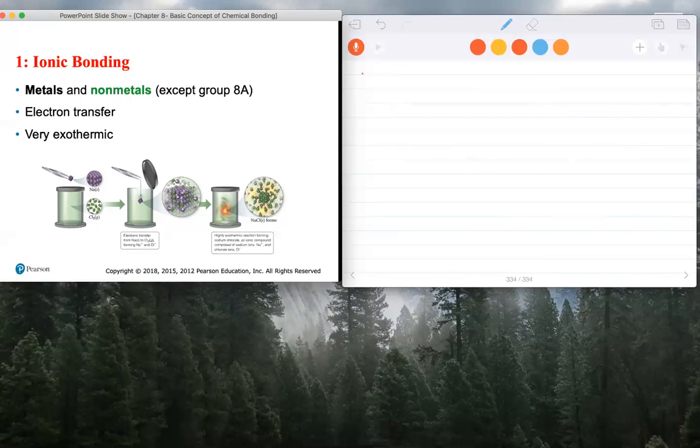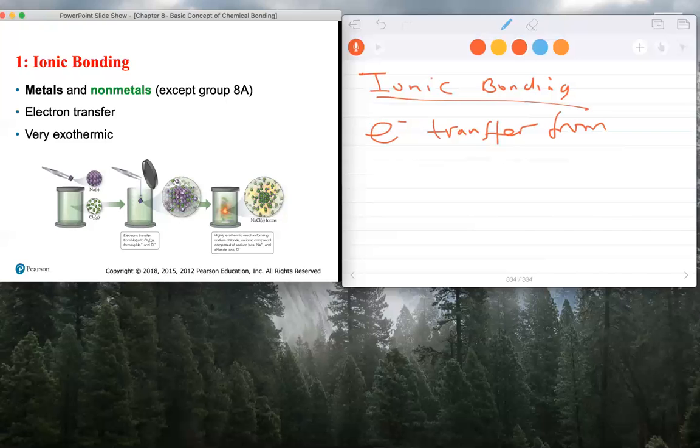It is formed as a result of electron transfer from metal to non-metal. In the case of sodium chloride, an electron is transferred from what? From a metal to a non-metal. So for group A, there is electron transfer.